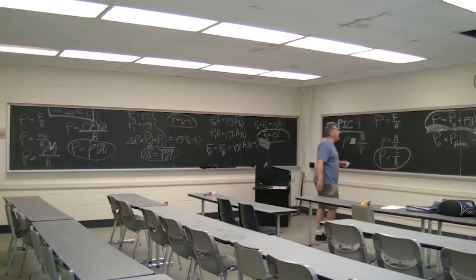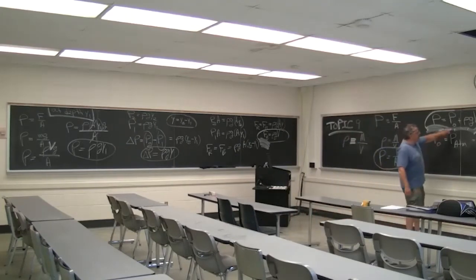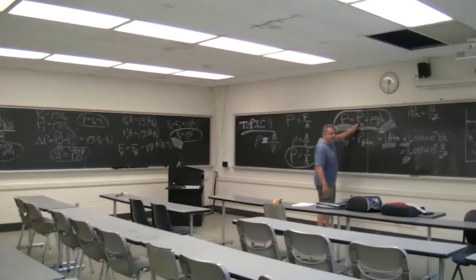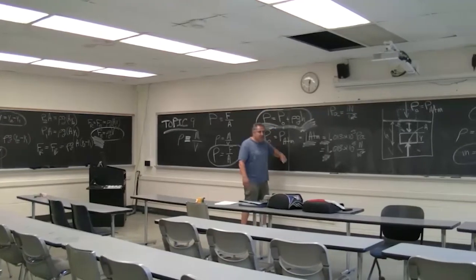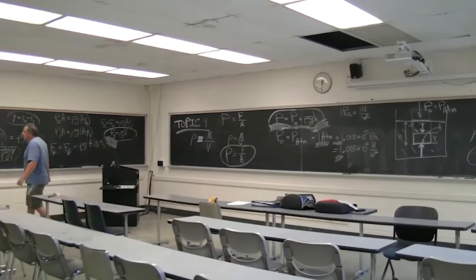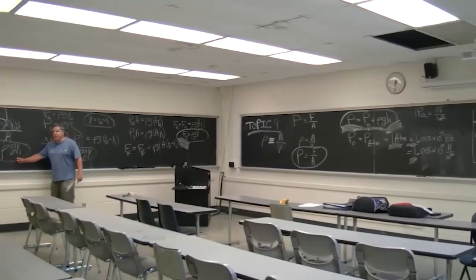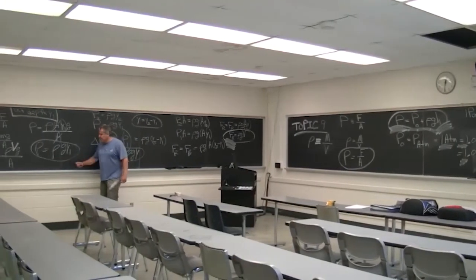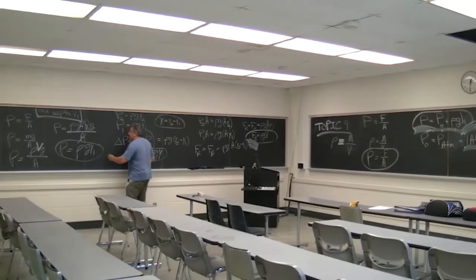In a backhanded way, guys, we discovered this. What we had done, we were over here. We figured out this is the pressure due to the water. True. What's the total pressure?